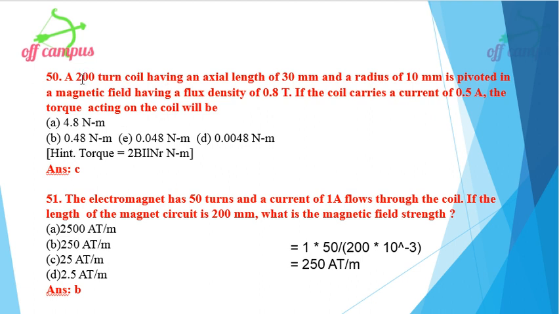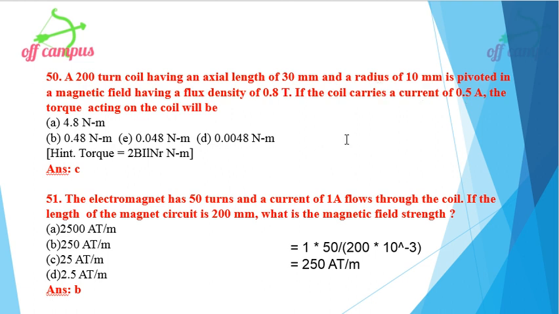Turns is nothing but the N value, number of turns, N equal to 200. Then 30 millimeter is L, the length. Then radius equal to 10 millimeter, substitute R as 10 millimeter. Then magnetic flux density equal to 0.8 Tesla, that is B. Then what is I value? 0.5.